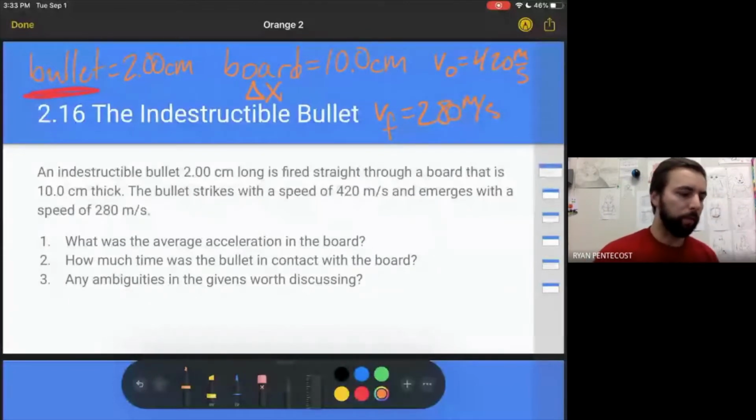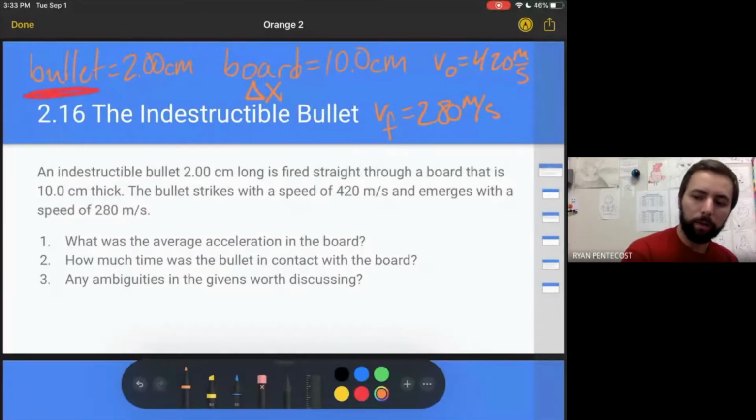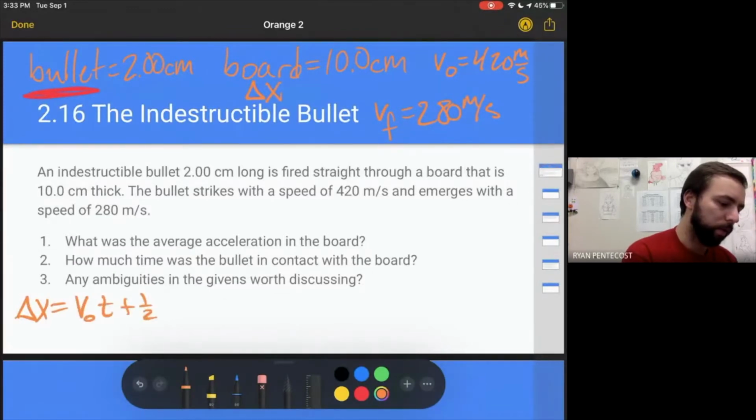So what was the average acceleration in the board? Well, let's go over all 3 of our orange equations. We've got delta x equals v naught t plus 1/2 at squared.